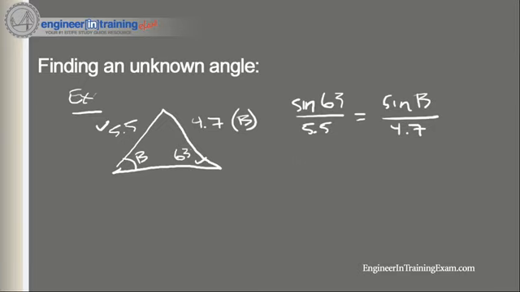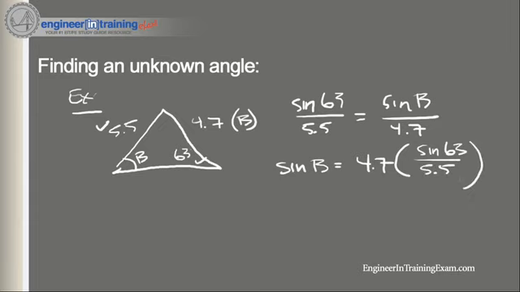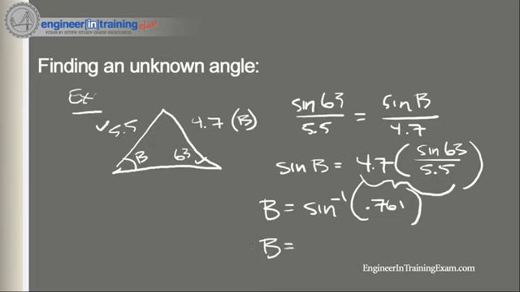So again, all we need to do is rearrange. Sine of B is equal to 4.7 sine of 63 divided by 5.5, and we can take the inverse sine of this. Let's calculate this out. This is all going to equal 0.761. Taking that inverse sine, we find that B is equal to 49.6 degrees. So we're also able to find an unknown angle using the law of sines.